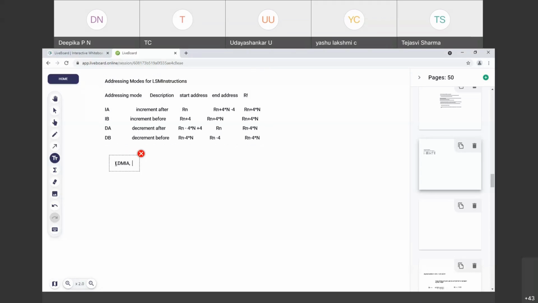Then LDMIB, LDMDA, LDMDB, STMIA, STMIB, STMDA, STMDB. Like this I can list them and make use of any instruction.